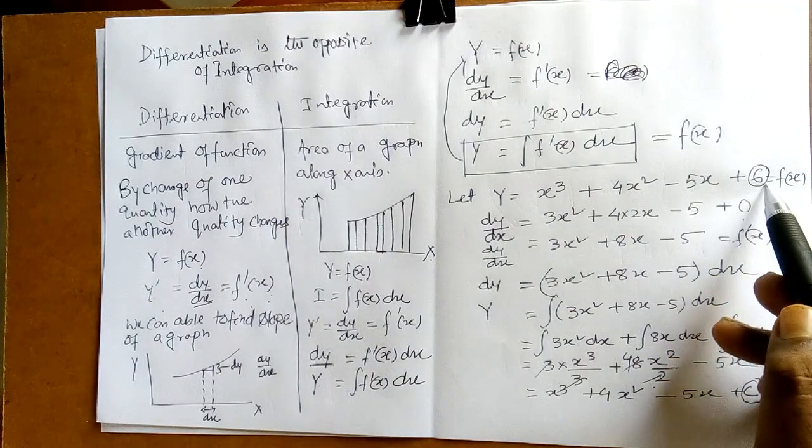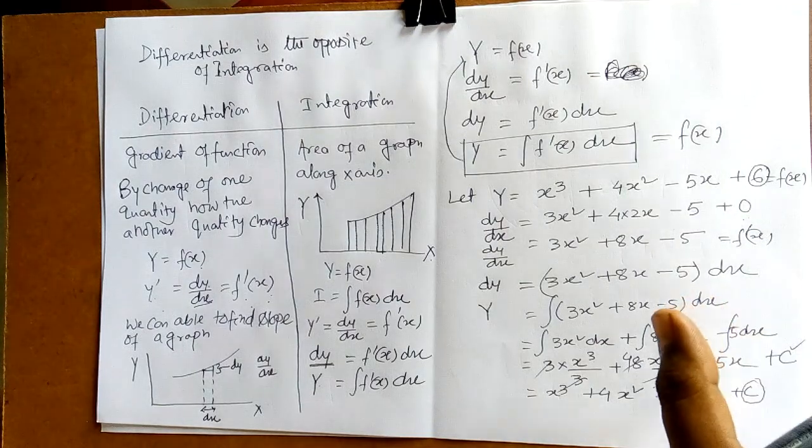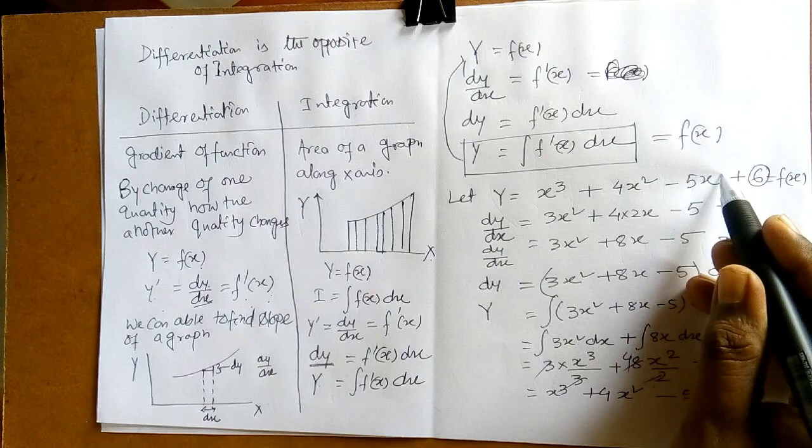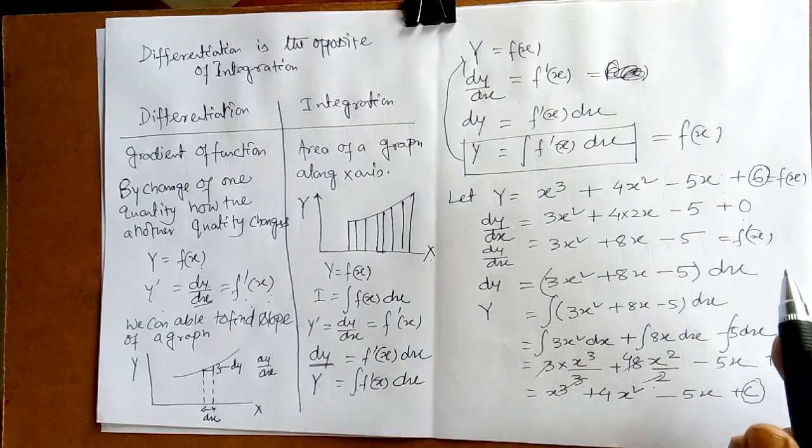You see, the constant 6 we don't get. So when a function is given, we don't know whether it ends there or there are more constants. As we don't know, we have arbitrarily taken a constant. Now you might be asking, sir, can I find that c will be 6?